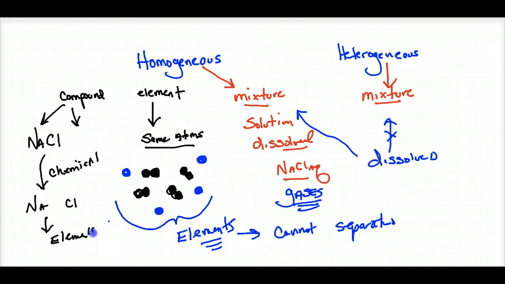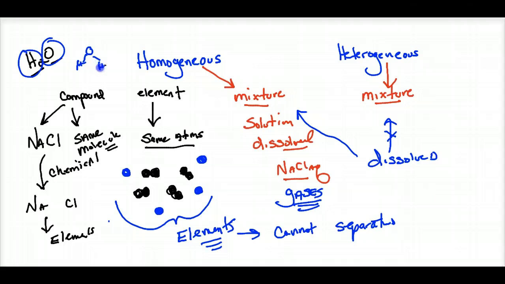Compounds by definition are the same molecules. And a molecule, by New York State, is two or more different atoms chemically combined. So water has at least two different capital letters, so this is a molecule, and a group of water molecules is a compound.